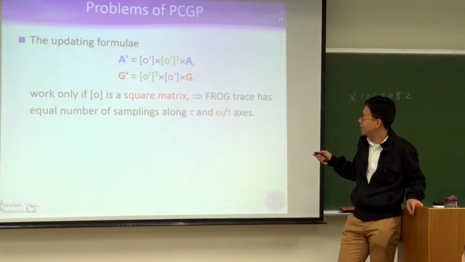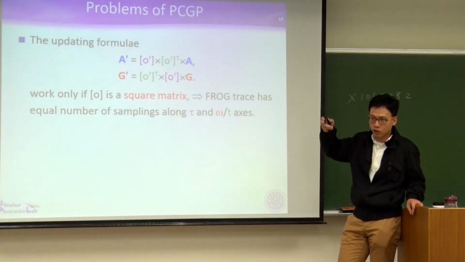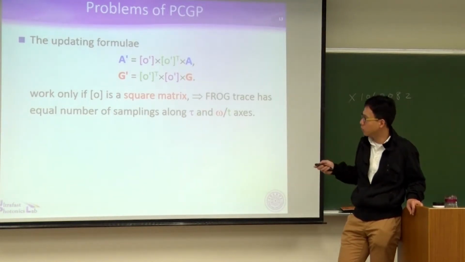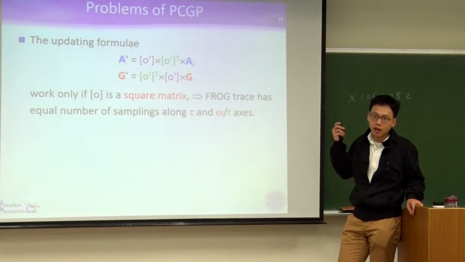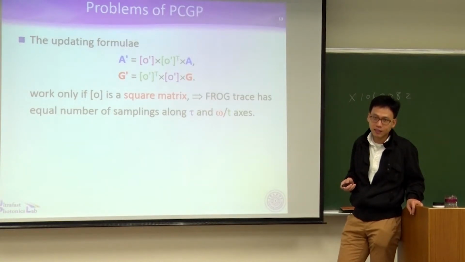It means the FROG trace has an equal number of samplings along the delay and the frequency axis. Because of the square matrix, your number of sampling along the tau axis has to be the same as the number of sampling along the omega axis.